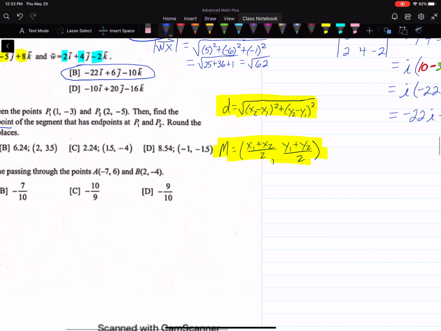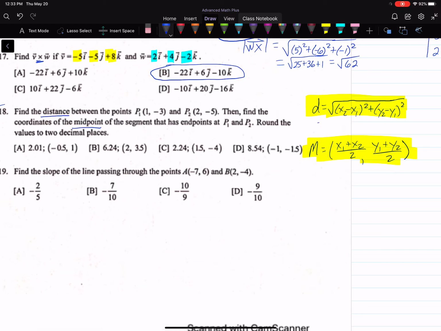And then it's just plugging in. So we're going to have the square root, and I'll just label them x1, y1, x2, and y2. So x2 is 2 minus 1 squared, plus y2 is negative 5 minus y1 is negative 3 squared.